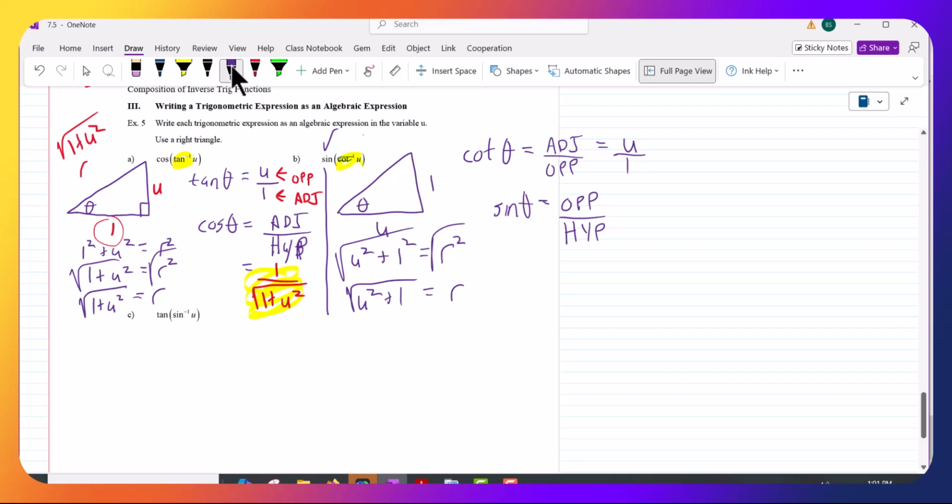Okay? So the hypotenuse we figured out is the square root of u squared plus 1. So opposite is 1, hypotenuse is this. So we'll end up getting the same answer, 1 over the square root of u squared plus 1. Doesn't matter what order you put that denominator in. So that's how you reason that out.